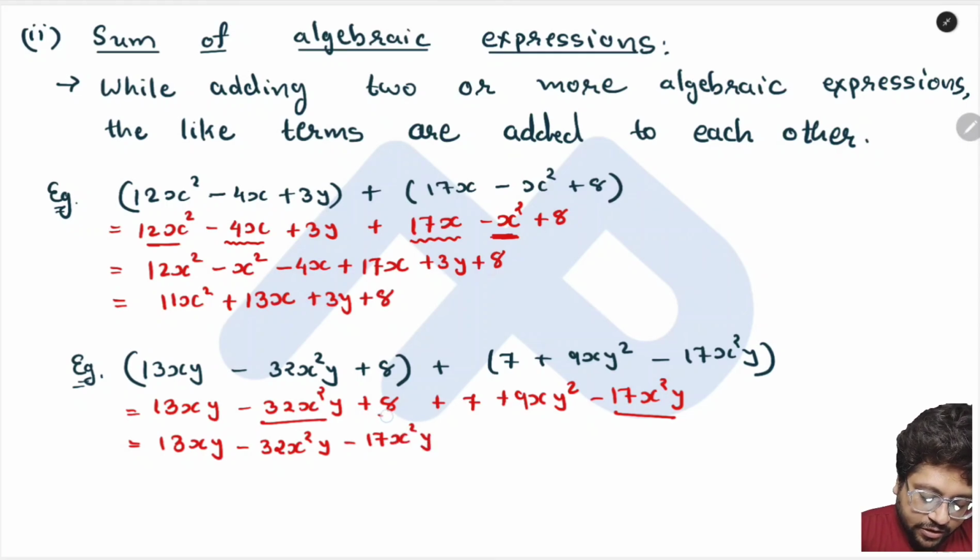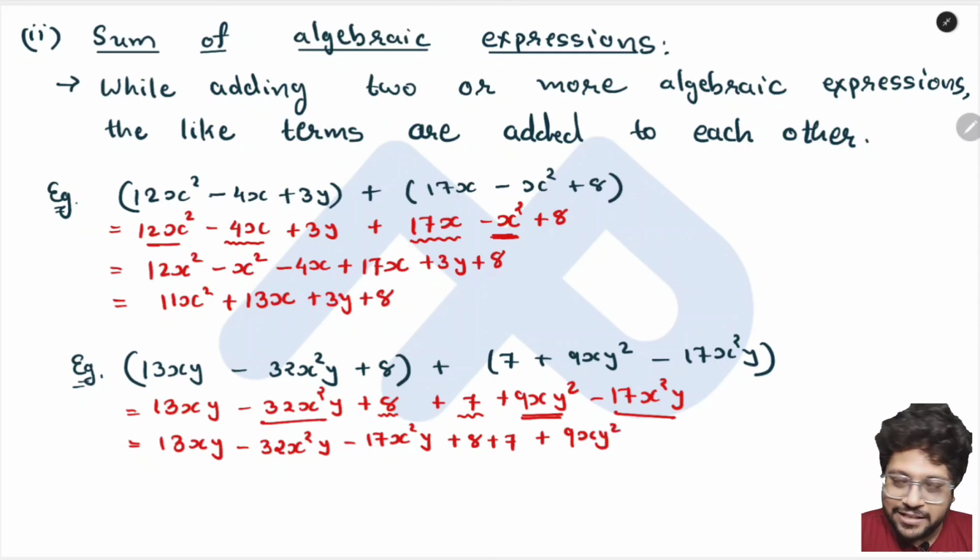Now this 8 and 7, they are also like terms because they are constants, they don't have any variables, they are considered as like terms. So plus 8 plus 7, and this little guy 9xy square, it doesn't have any partner with it, so we are just putting it as it is, so 9xy square.